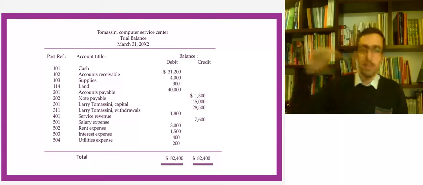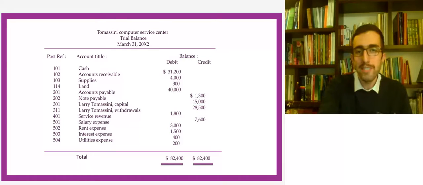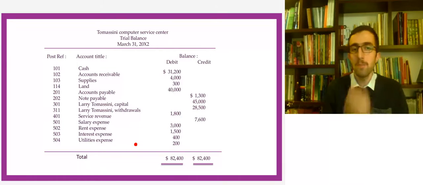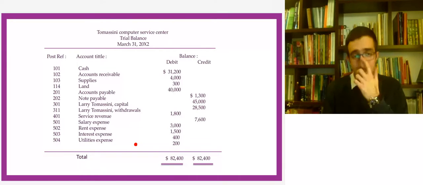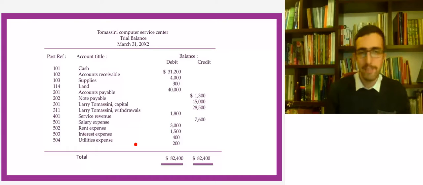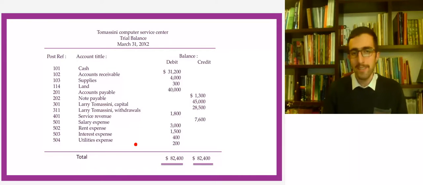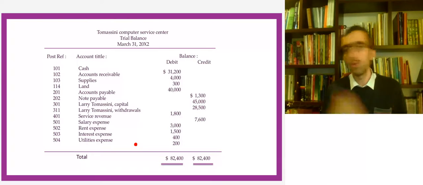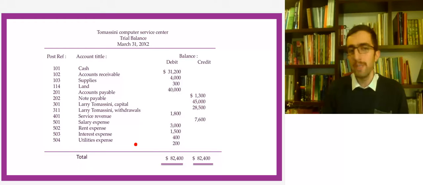And the order of expenses is from highest to lowest. If you notice here, it's first salary expense, because it's the biggest digit. It's $3,000. After that, rent expense 1,500. After that, interest expense 400, and finally utilities expense that is $200. And finally, the total debits is completely equal to total credits, and the digit is $82,400.